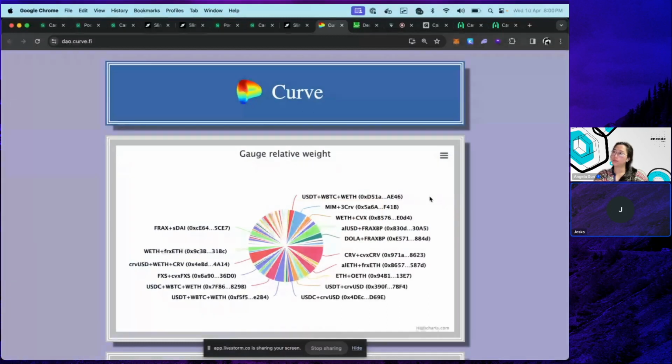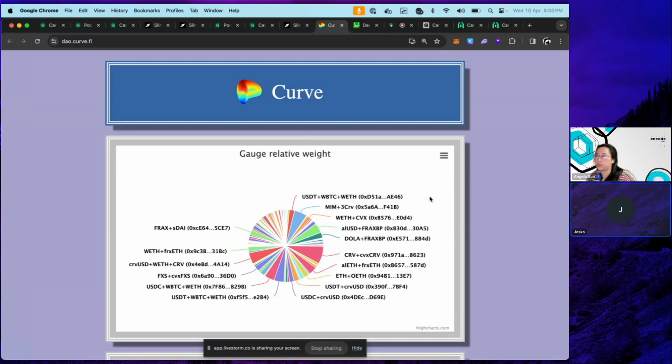So these are all the different pools present on Curve, and for the purposes of this tutorial, I'm going to try to draw a one-to-one comparison to Canto. Similarly on Canto, we have pools like ETH Canto or Note USDC or Note USDT, which we just saw, right?